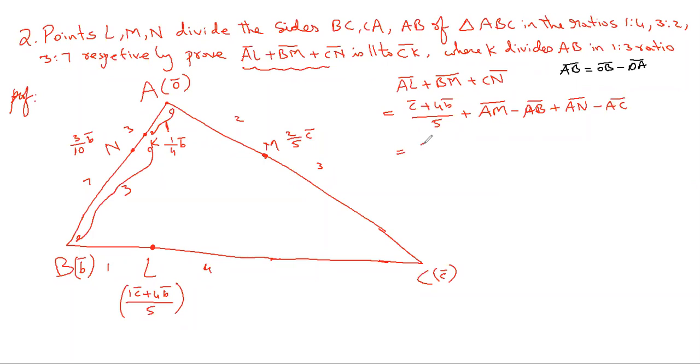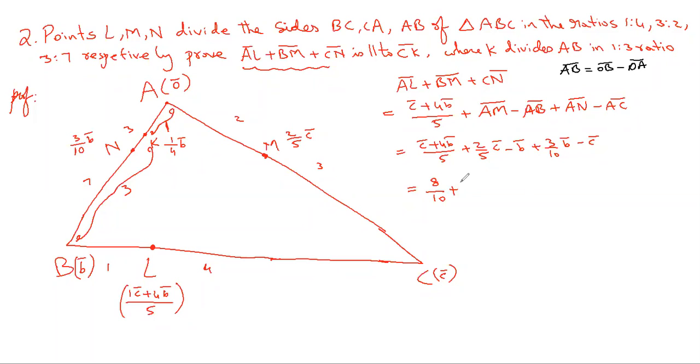Now you substitute all of them: C bar plus 4B bar by 5, plus AM bar. AM bar is 2 by 5 C bar, and AB bar is basically B bar. AN bar is 3 by 10 times B bar, and AC bar is basically C bar. Now for all the B bars, you can take the LCM; 4 by 5 can be written as 8 by 10.